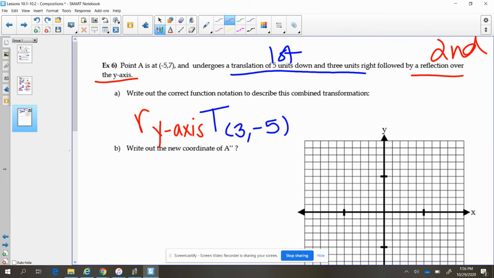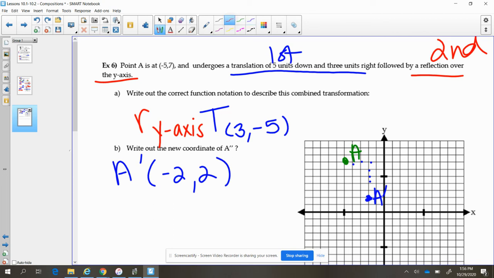So this time our point is originally starting at negative 5, 7, so it's to the left 5 and up 7. Here's point A, and we're again going to start by translating it 1, 2, 3 to the right, 1, 2, 3, 4, 5 units down. So here's A prime, which is going to be located at negative 2, comma 2.